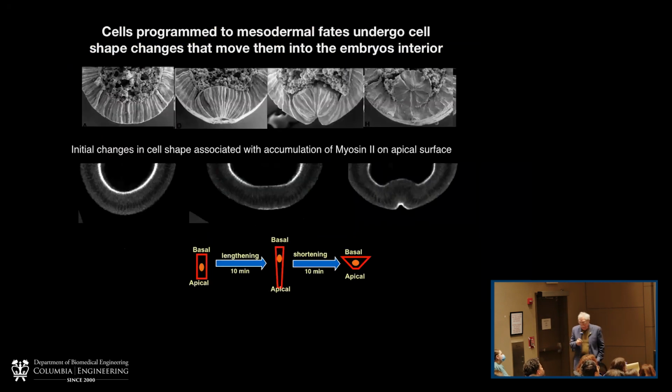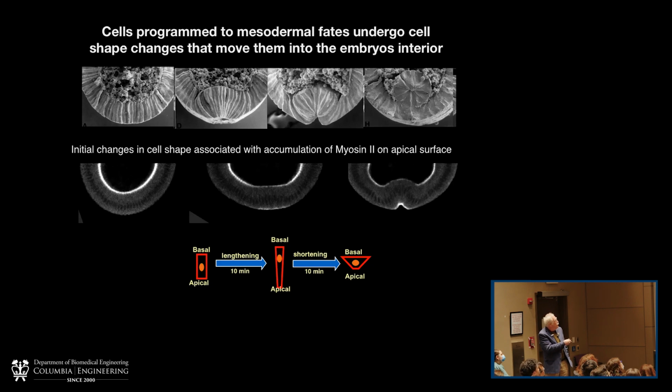Now, if you look at the embryo in more detail and you follow these cell shape changes, one of the striking features is that cells initially start at this blastoderm. They're very high columnar cells, about 35 microns high, about 5 to 8 microns across.